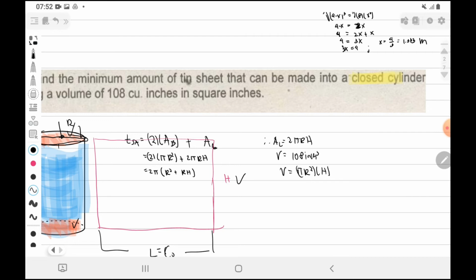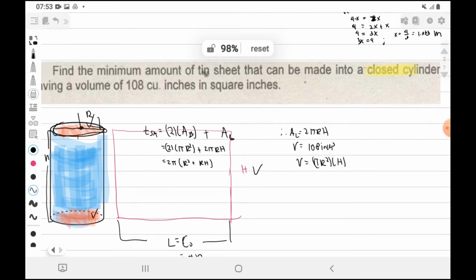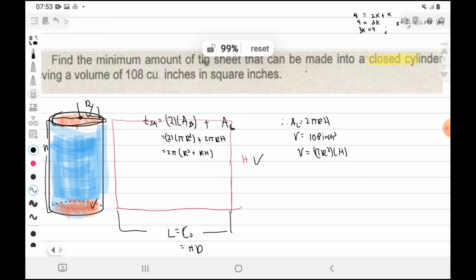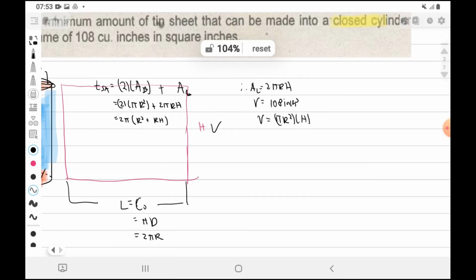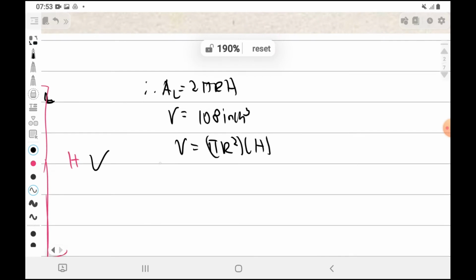So basta mga ganyan, mga cylinder, prism, or mga boxes, always remember na pag mga ganitong mga regular polygon or mga regular na boxes lang, area of the base multiplied by height lang yung gagawin nyo. Okay? So therefore we have V is equal to pi r squared h. Since we have our 108 inch cube as our V, we have pi r squared multiplied by h.